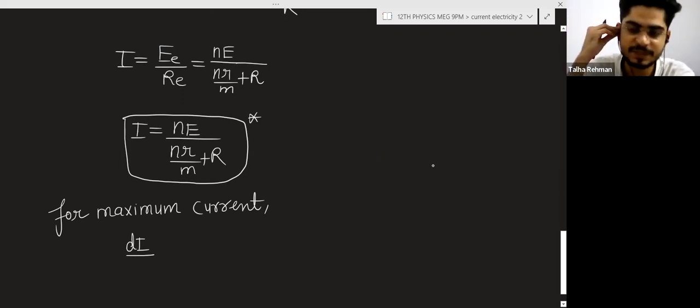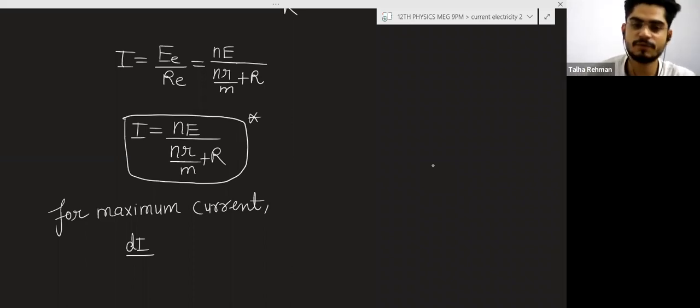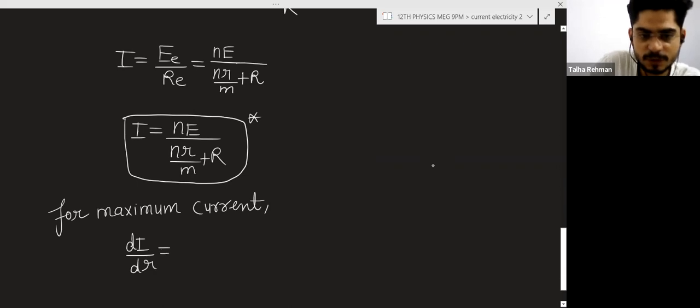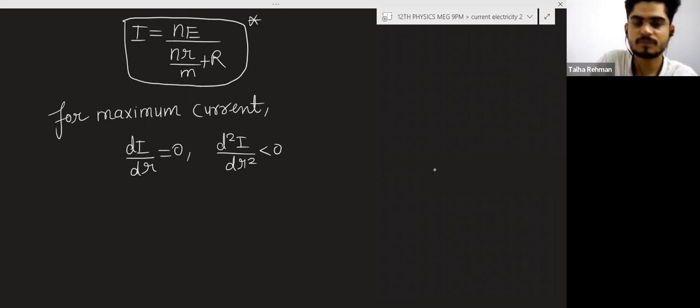In 12th class, we have the topic in maths, maxima and minima. With the help of maxima and minima, we can find the maximum and the minimum value of a function. So we put di by dr equal to 0, and we double differentiate this and get this less than 0.